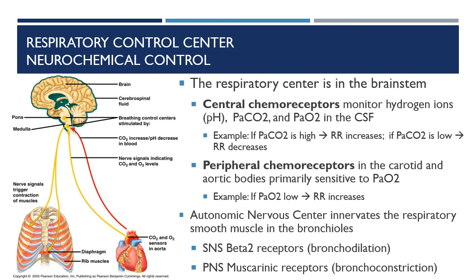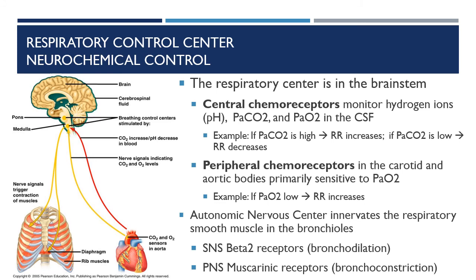We have central chemoreceptors that can detect and monitor the pH, the PaCO2 and the PaO2 in the brainstem. Okay, so PaCO2 is the partial pressure of CO2 in the bloodstream. PaO2, partial pressure of oxygen in the bloodstream.